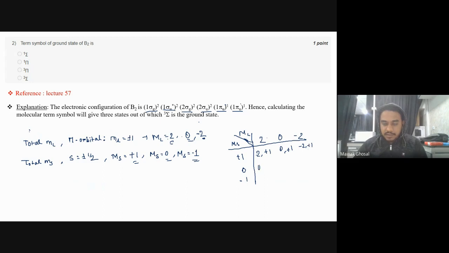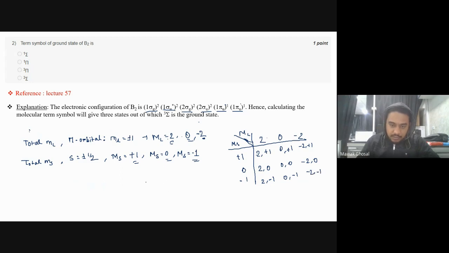First I'm writing L, so 2, 0; this is 0, 0; this is minus 2, 0. And here 2 minus 1, 0 minus 1, and minus 2 minus 1.